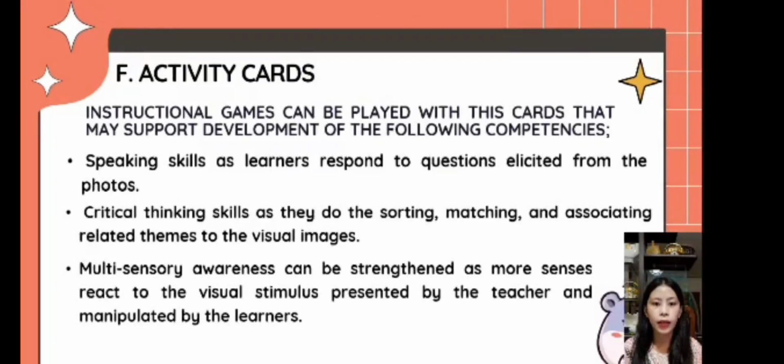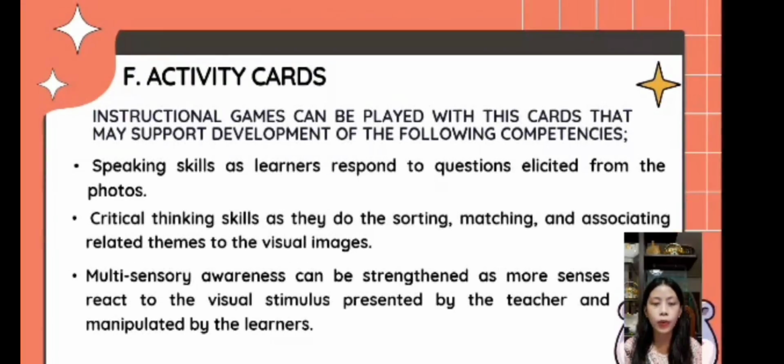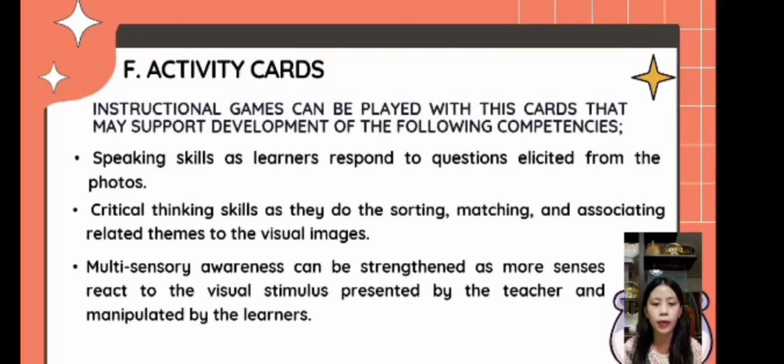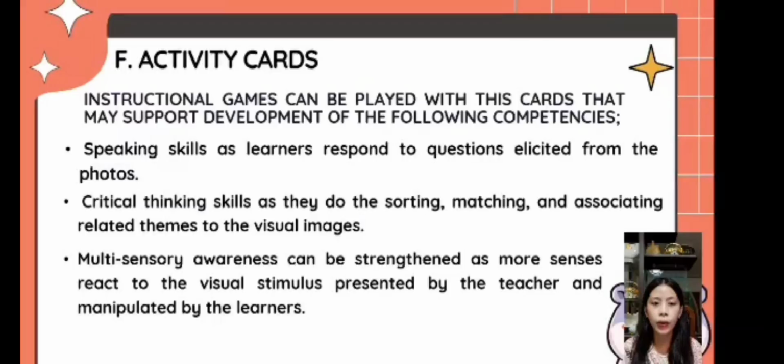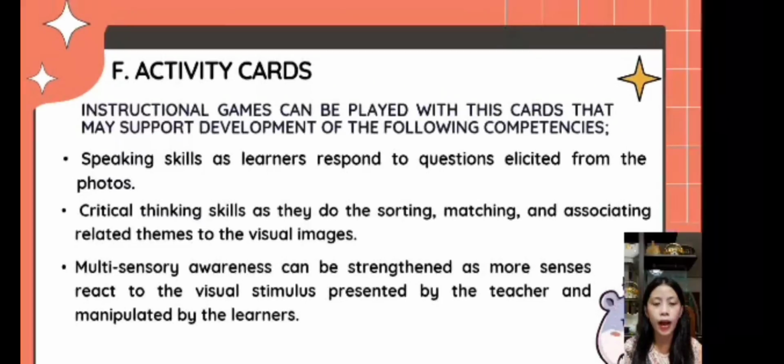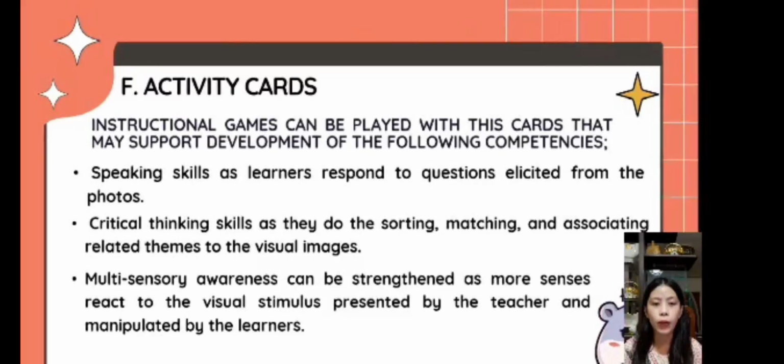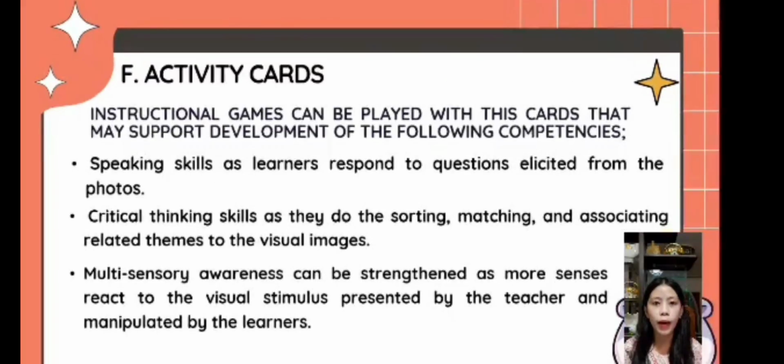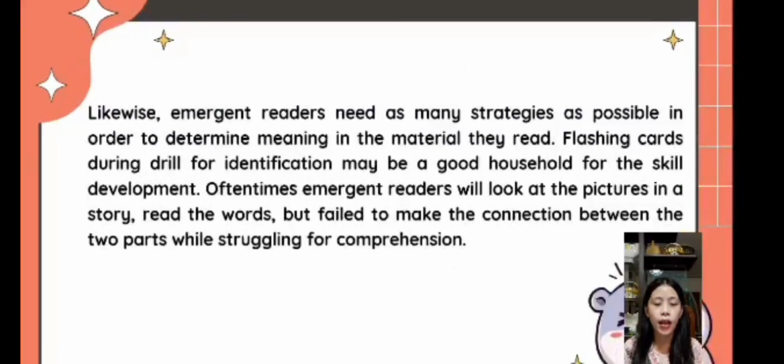The second one is critical thinking skills as they do the sorting, matching, and associating related themes to the visual images. The third one is multi-sensory awareness, which can be strengthened as more senses react to the visual stimulus presented by the teacher and manipulated by the learners.